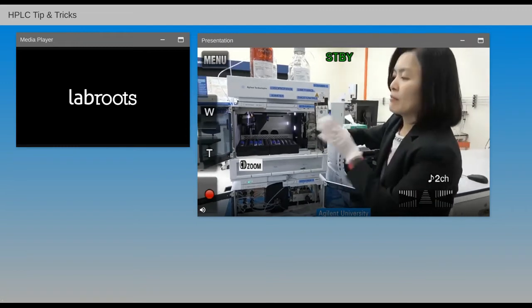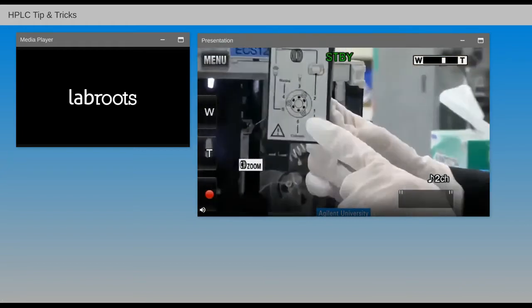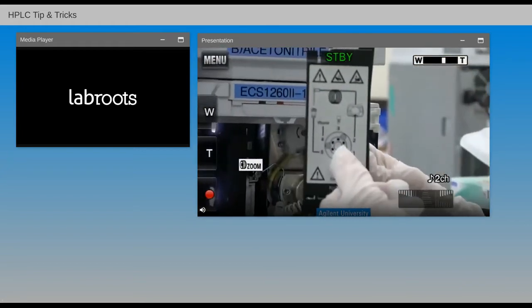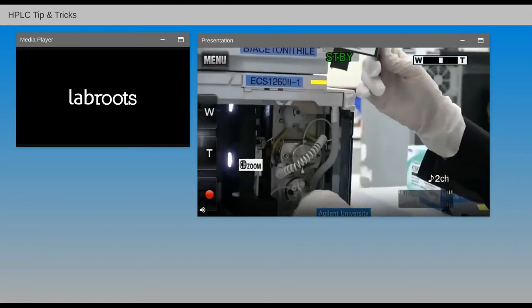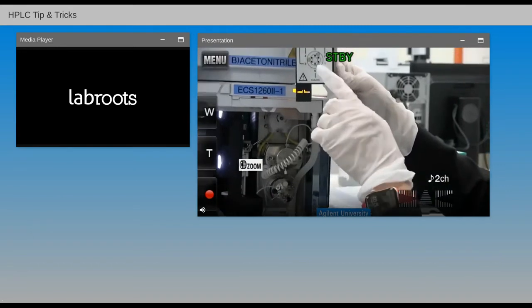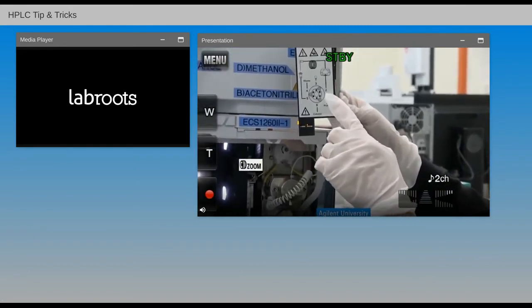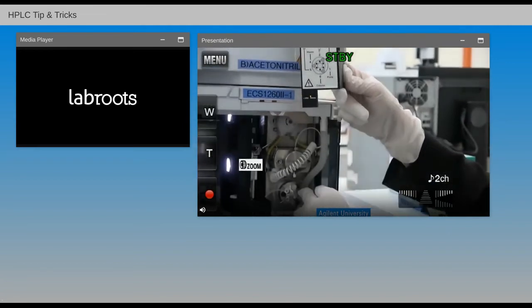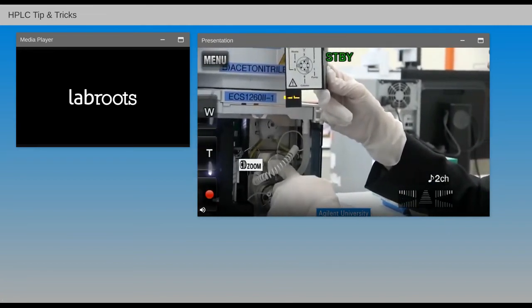First, let me recap the flow of the injection valve. Number one, which is here, is the flow of the solvent to the injection valve. Then from number one, there is a groove inside that transfers the solvent to number two, which is the next line. Number two will have solvent to the metering device.